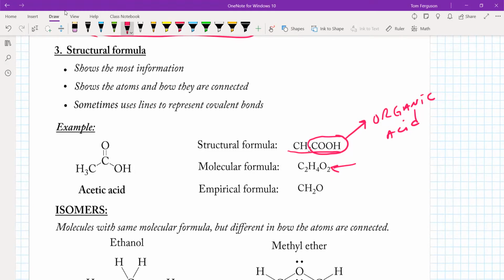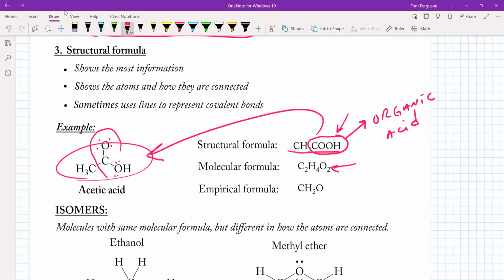And as we knew from last chapter 10 stuff, there are 8 versions of structures that meet this formula, C2H4O2. This is one of them, but that's not the only one. In fact, if you do the Lewis dot structure here, it would look like that. That's one of 8, though. This tells us it's that one. Here is the COOH, and acetic acid is one of the smaller organic acids.